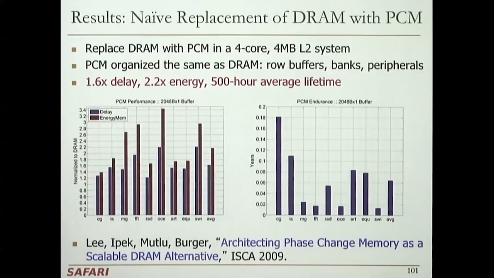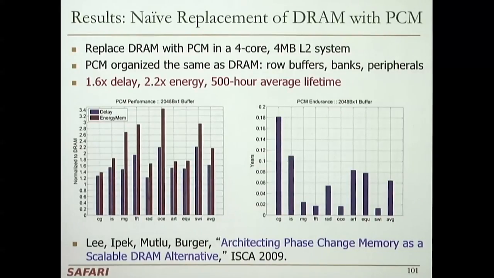You don't need to understand all of this, but this is basically normalized performance, delay, and memory energy compared to DRAM. And this is endurance. So what happens if you replace DRAM with PCM in a system that looks like this, 4 cores, 4 megabyte L2 cache? We organize PCM exactly the same as DRAM.